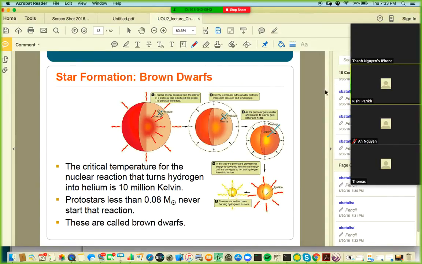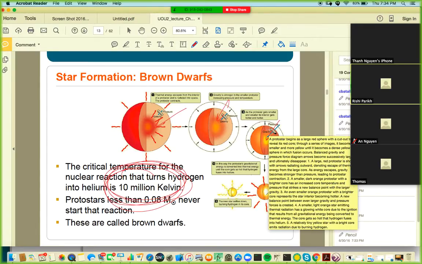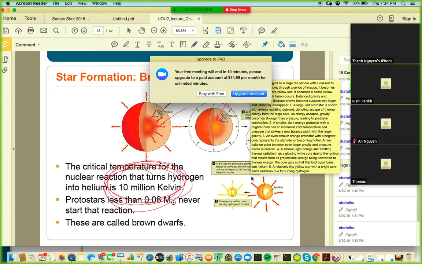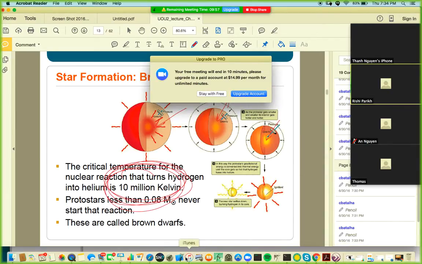Now, eventually, stars will achieve high temperature, and the ball game is 10 million Kelvin. We'll reach this high temperature in the very core, the central part, indicated in these pictures right there. And when this temperature is reached and the density is high enough, fusion reactions will take place.